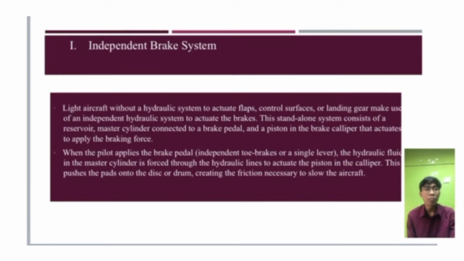When the pilot applies the brake pedal, the hydraulic fluid in the master cylinder is forced through the hydraulic lines to actuate the piston in the caliper. This pushes the pads onto the disc or drum, creating the friction necessary to slow the aircraft.